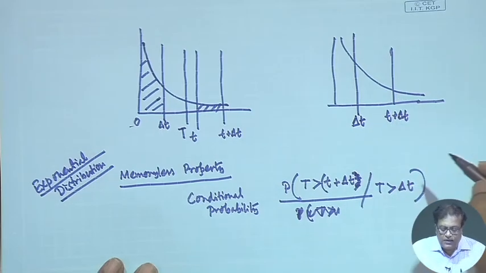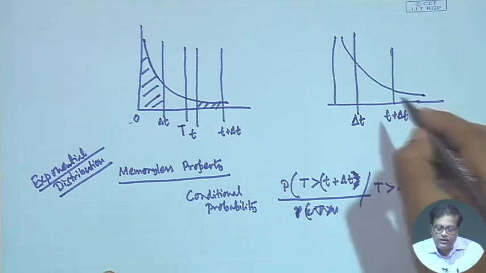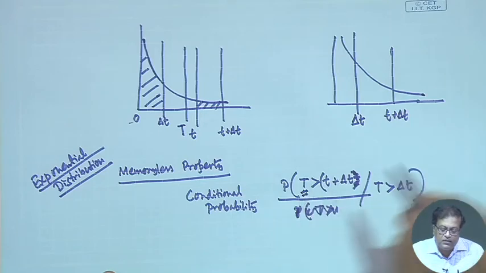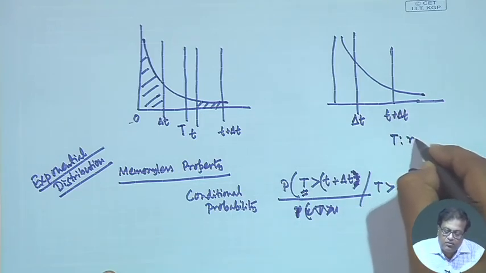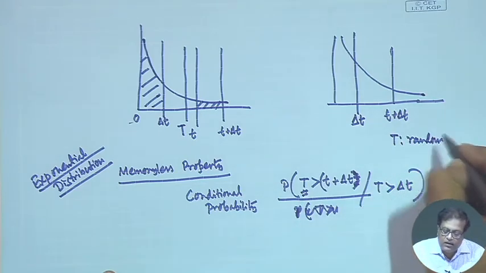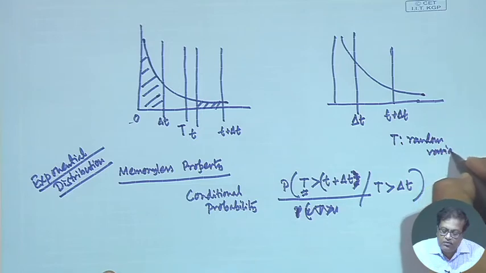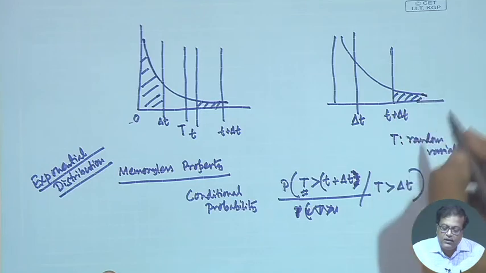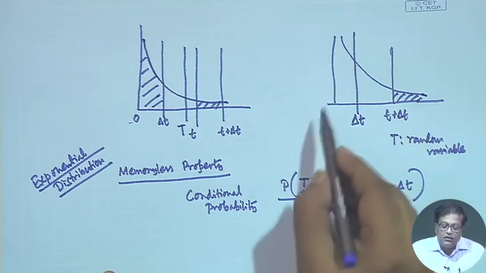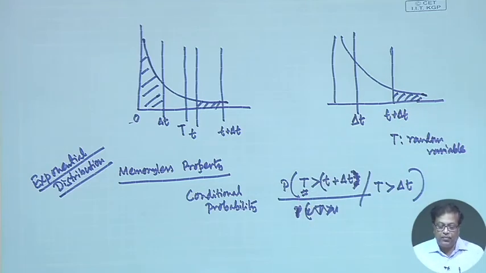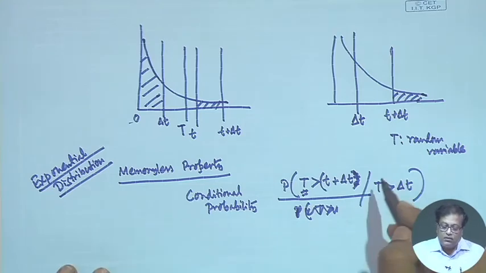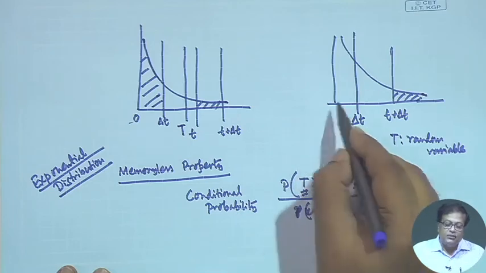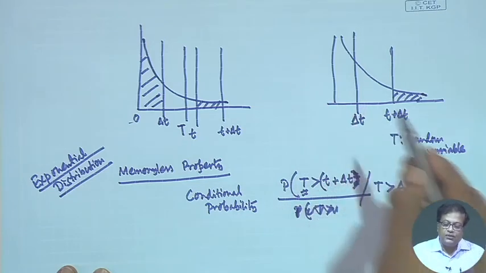Then what is the probability that the random variable capital T is greater than this portion? Is it dependent on what has happened before, given that it is already known that T is greater than delta t? That means this period has already elapsed.